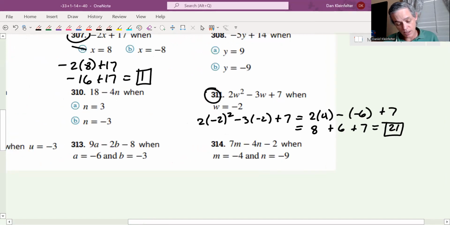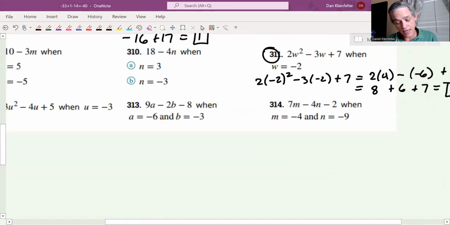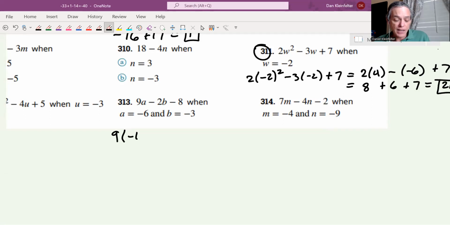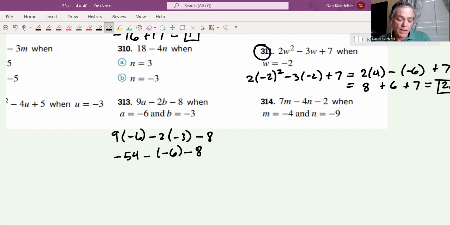That was fun. Let's do another one that's kind of like that. Let's do 313 next. This one is 9a minus 2b minus 8. We're going to replace the a by negative 6, and we'll replace the b by negative 3, and then we have a minus 8 in the back. Okay, 9 times negative 6 is negative 54, and minus 2 times negative 3 is negative 6.